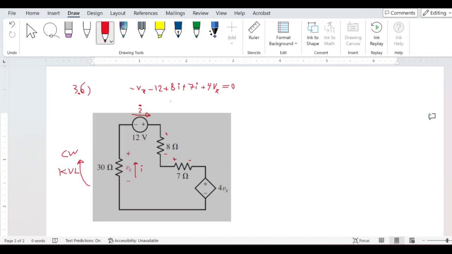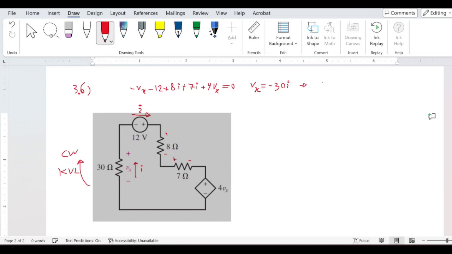So I'm going to write down Vx equals to minus, actually, 30I. Now, I'm going to replace Vx with minus 30I.